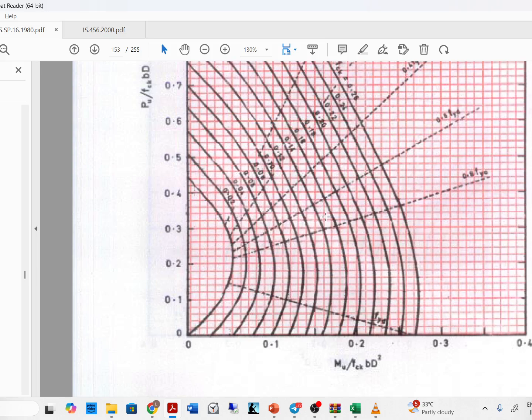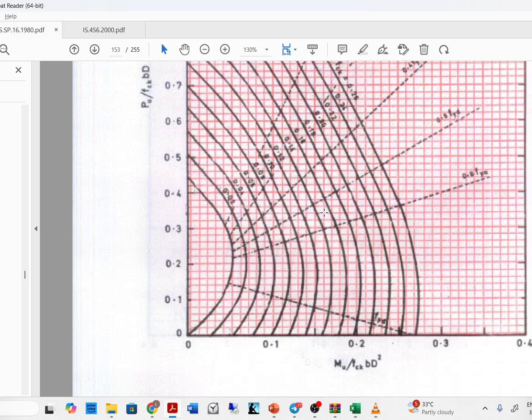So we are getting a value close to 0.16, right? Yes. So it lies somewhere between 0.15 and 0.17, right?